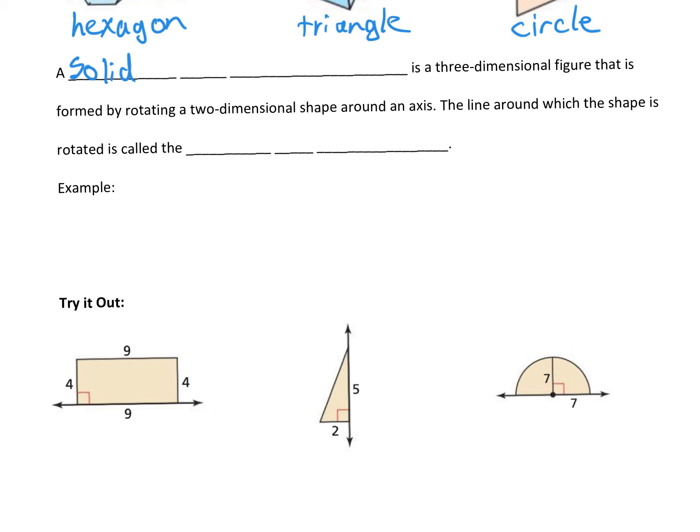Finally, a solid of revolution. Basically, if you took a flat 2D shape and spun it around an axis, the shape that is made by rotating around the axis of revolution is a solid of revolution.